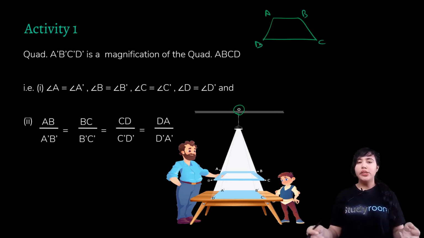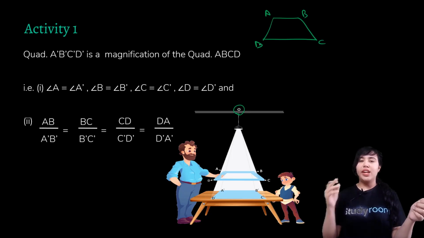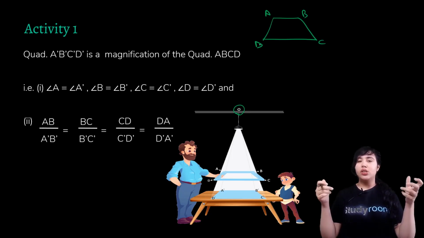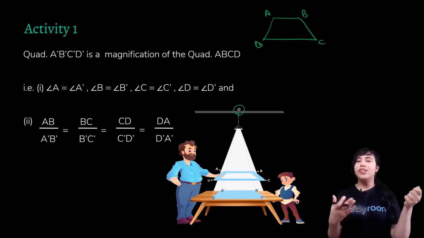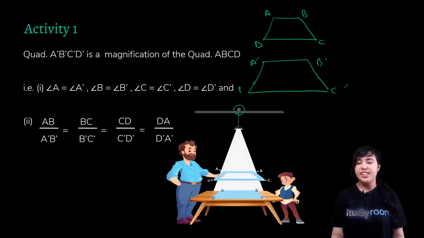Now hold it at some distance from your ground or from your table, and make sure that your bulb or tube light is on. You will see that this object is going to cast its shadow on the ground or on the table. Let's say the shadow that we get is A dash, B dash, C dash and D dash.